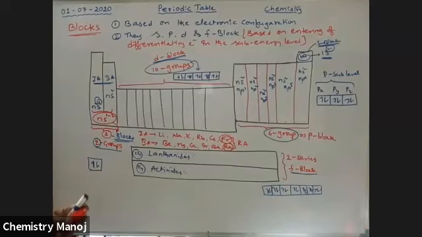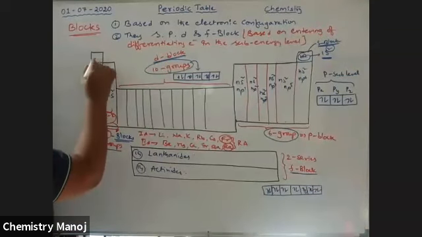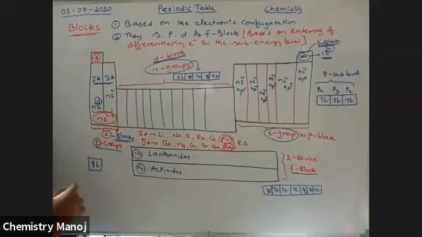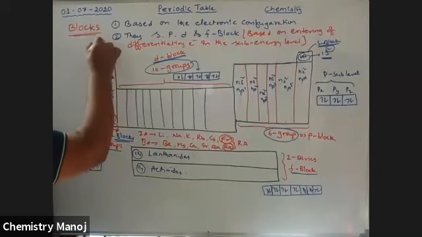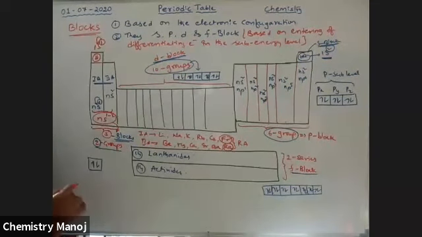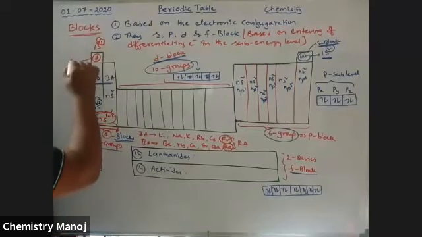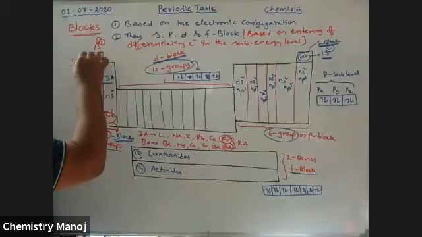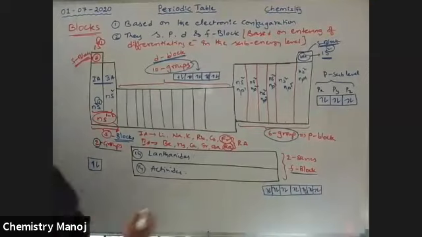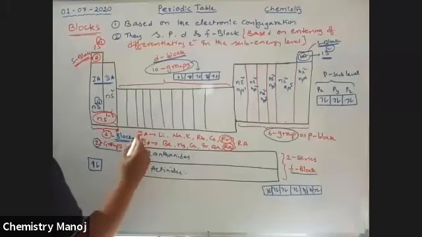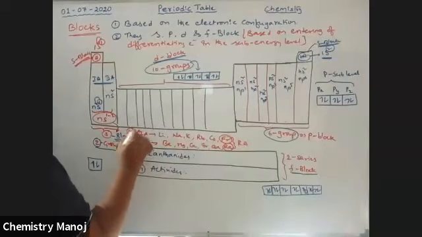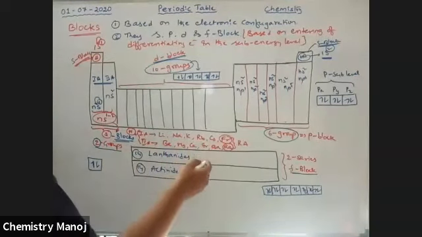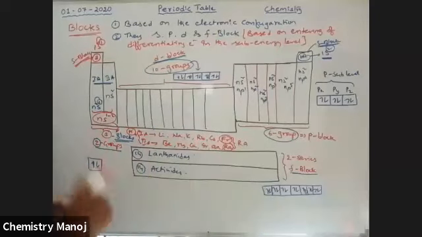Here hydrogen also exists. It does not come under group 1 elements, but its electronic configuration is 1s1, that is, the electron enters the first s orbital. Hydrogen is also present as an S block element, so please include hydrogen here. Along with the group 1 and group 2 elements plus hydrogen, that means 6 plus 6, 12 plus 1, total 13 elements.